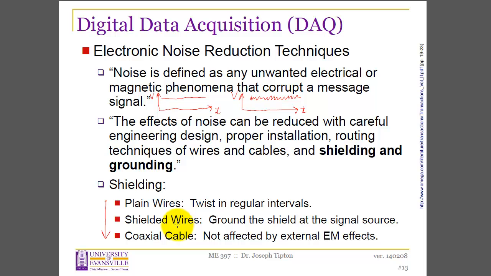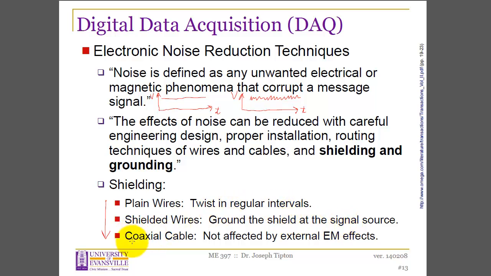The black and red for the excitation voltage, the green and white for the output signal voltage, and then there was a bare wire also. Well, those were actually shielded together, and that bare wire could be grounded, ground that shield, at the source of the signal. So we could have done that to try to reduce noise on the load cell.